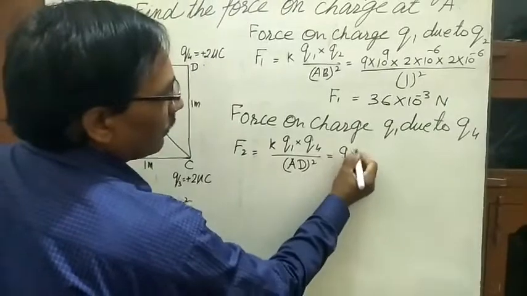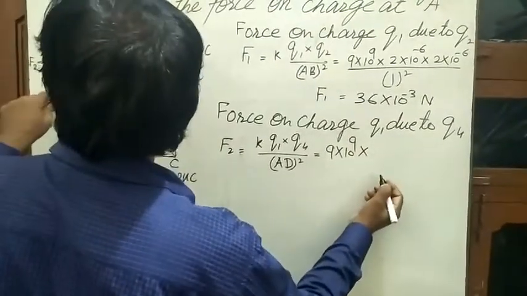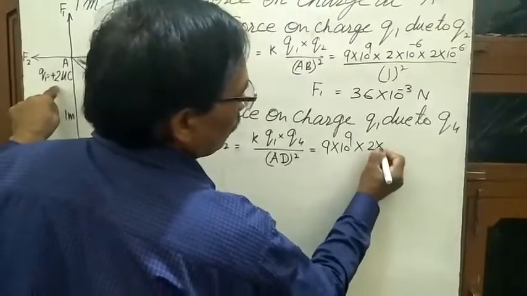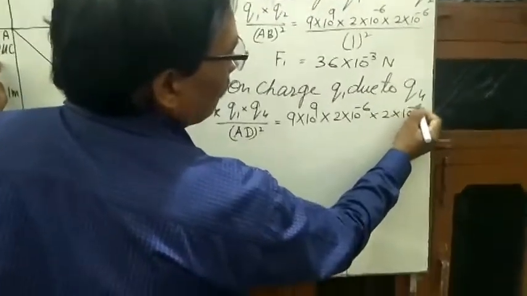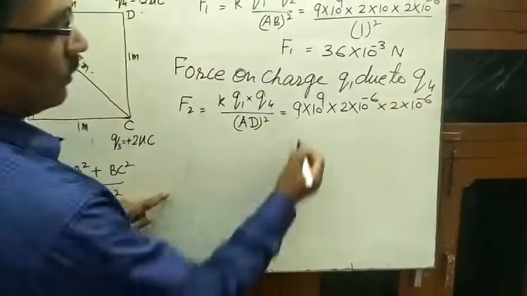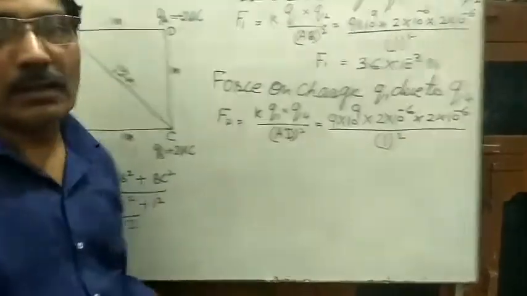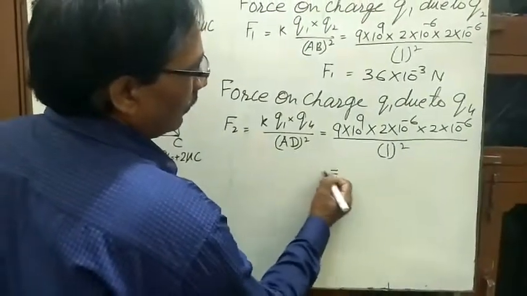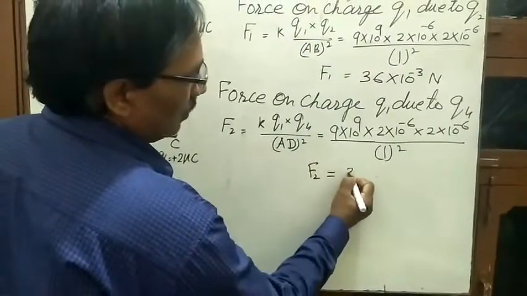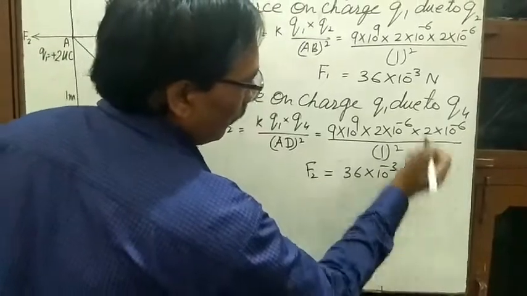That is 9 into 10 to the power 9 into Q1 is 2 into 10 power minus 6 into 2 into 10 power minus 6, Q1 and Q4, divided by 1 square. Distance is 1 meter. Again we will have this F2 is equal to 36 into 10 power minus 3 Newton.